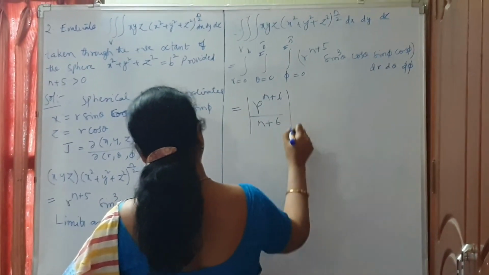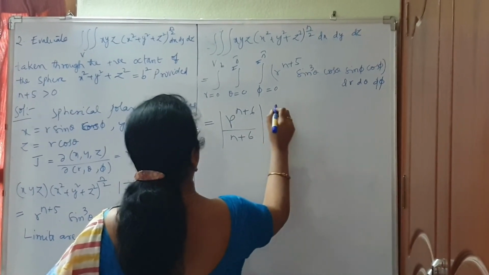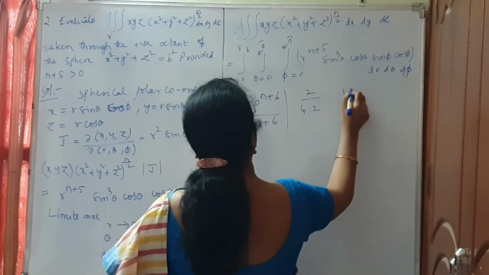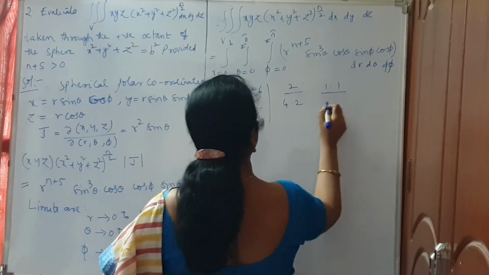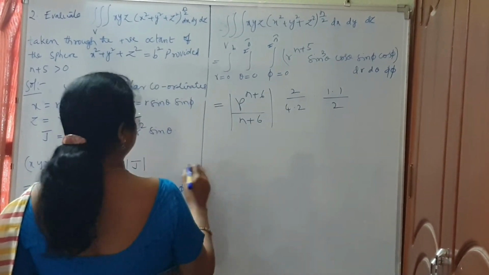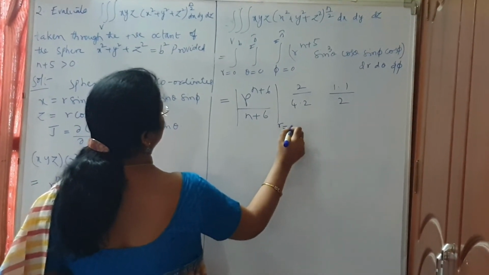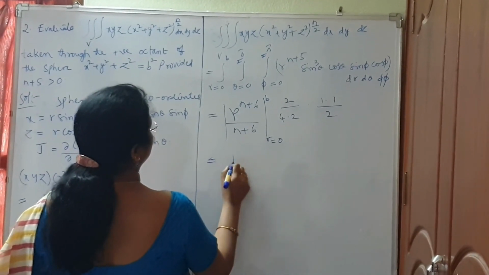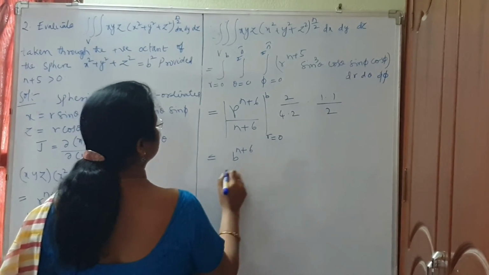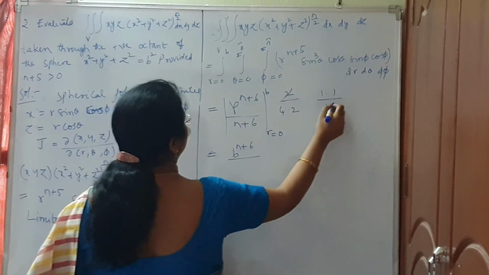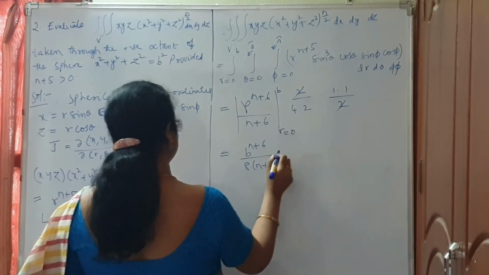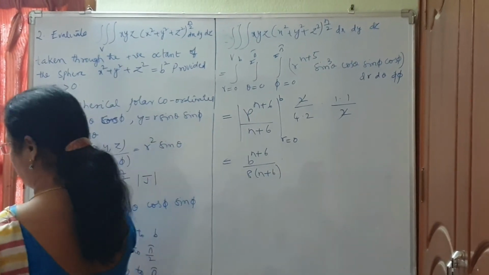This is the last step of integration, and 2 by 4 into 2, 1 into 1 by 2. After the simplification, the limits are from r equal to 0 to b. We obtain b power n plus 6, the 2 will get cancelled, 4 into 2, 8 into n plus 6. This is our required answer.